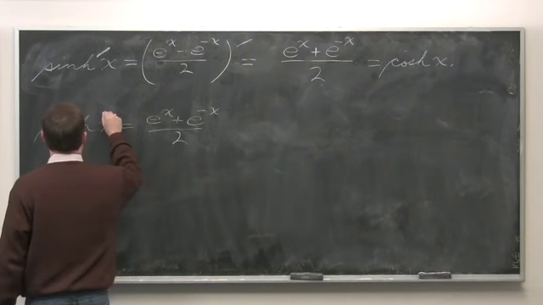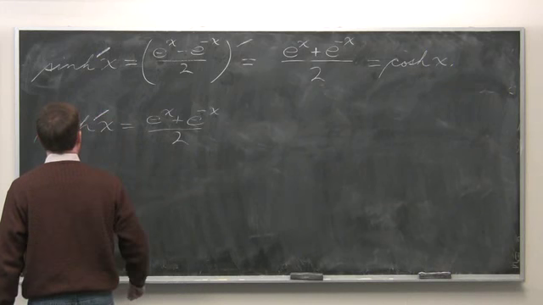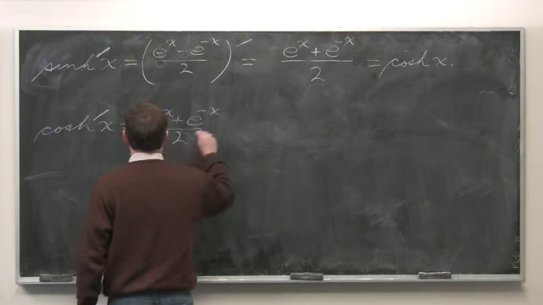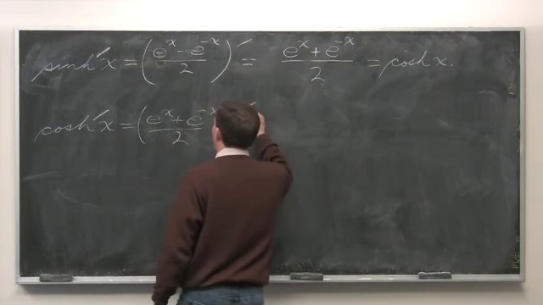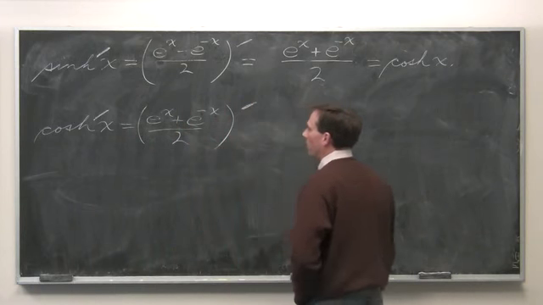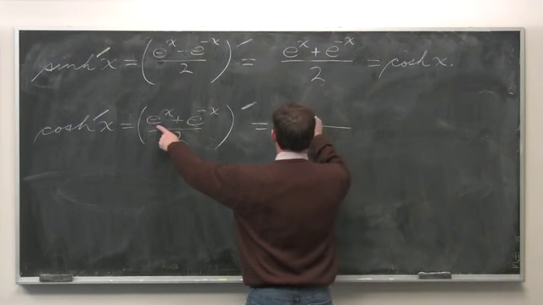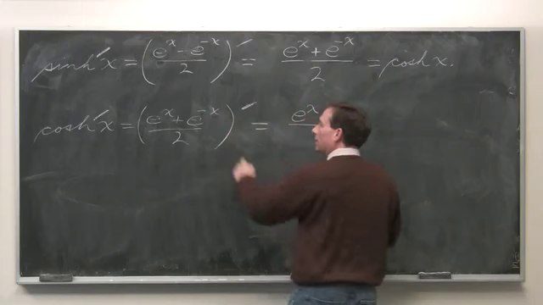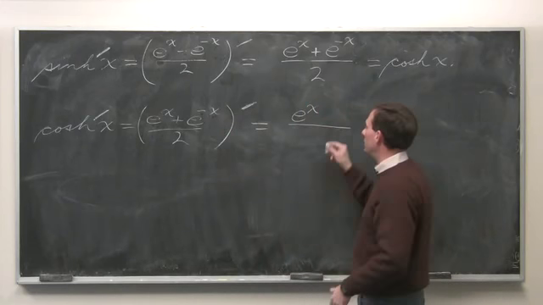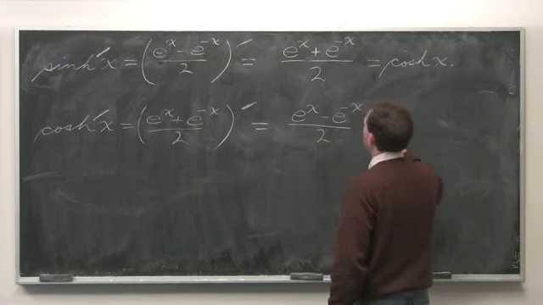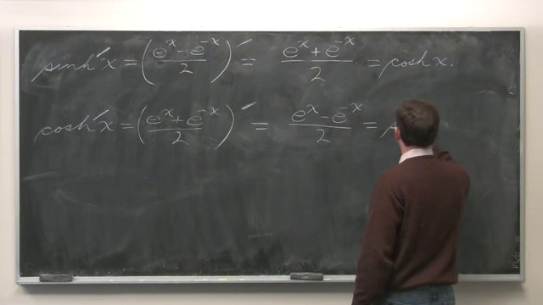You might think, in analogy with ordinary trig functions, that the derivative of hyperbolic cosine would be negative hyperbolic sine. That is not right. The derivative of e to the x is e to the x. The derivative of e to the negative x, as we just said, is negative e to the negative x. So, yes, the derivative of cosh is sinh.